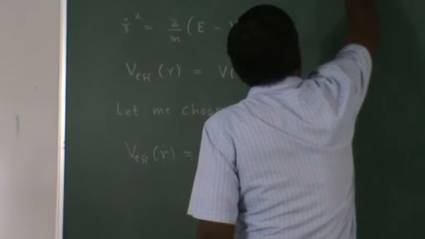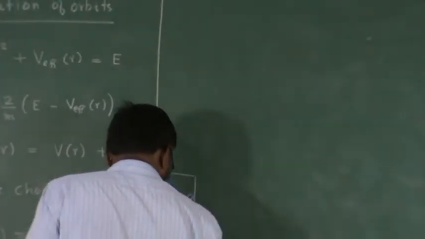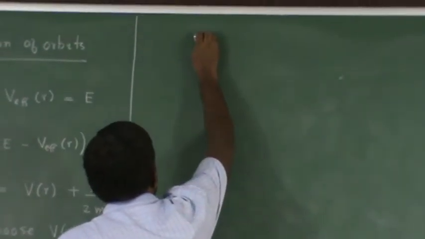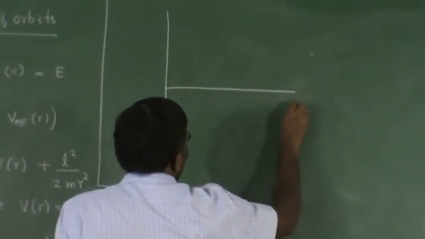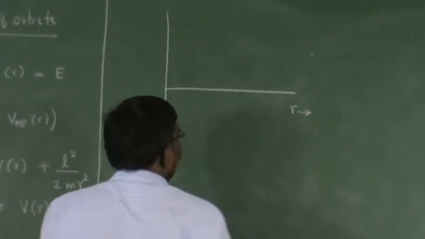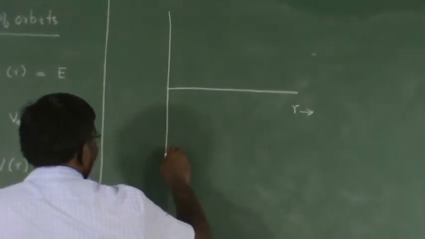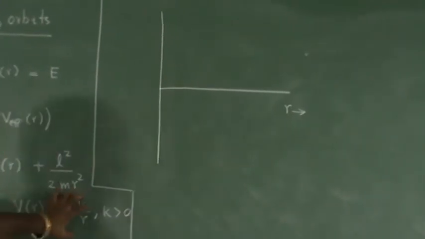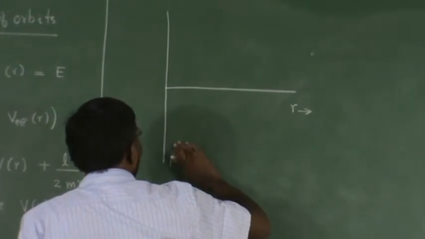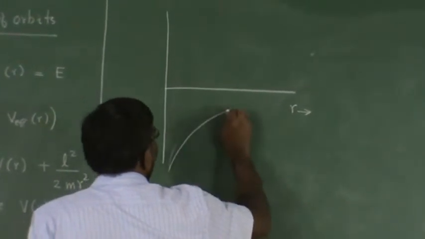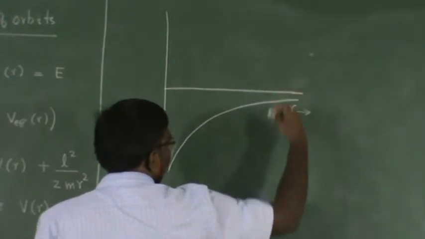Now notice that when I draw this effective potential, this is the direction along which r increases. If I have the potential which is equal to minus K by r, it will go to infinity as r goes to 0, and it goes to 0 from the negative side as r goes to infinity.